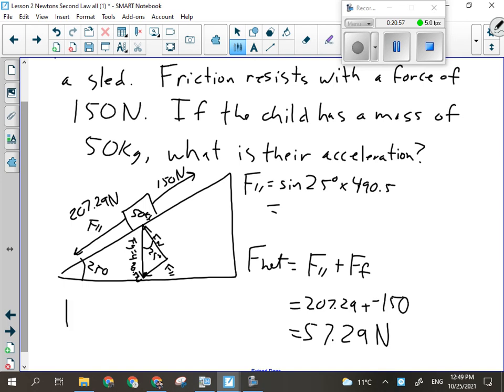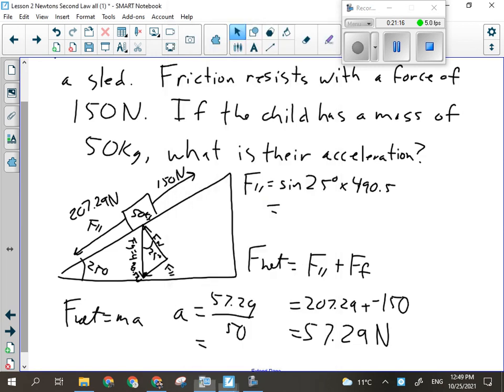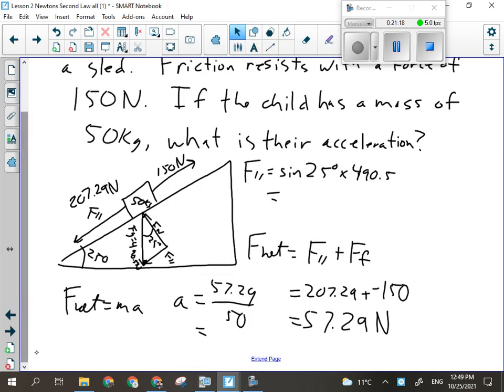Mass times acceleration, right? F net equals m times a. But I'm looking for a, so that'll be 57.29 divided by 50 kilograms. So we're looking at just over 1.1, because we only have two significant digits here. So 1.1 meters per second squared.